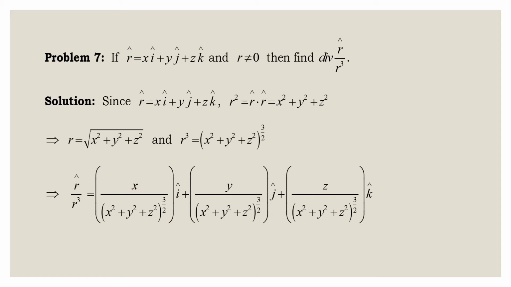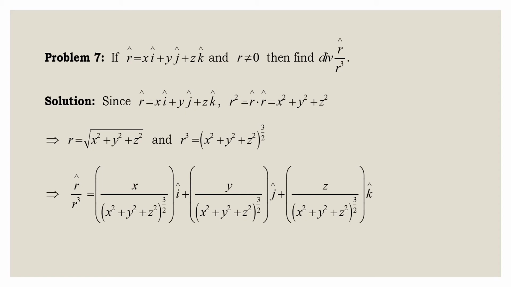If r cap equals x i cap plus y j cap plus z k cap, then norm of r cap equals square root of x² plus y² plus z², which equals r. So r and norm of r cap are both the same. So small r is a scalar field. r square is also a scalar field, but r cap is a vector field.